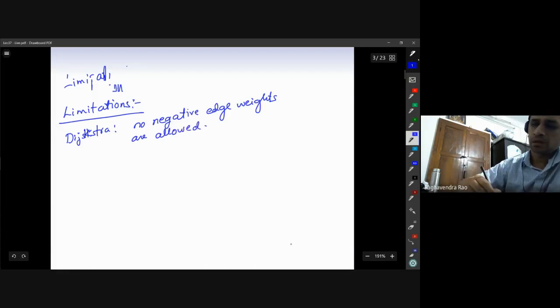Whereas Bellman-Ford, no negative weight cycles are allowed.